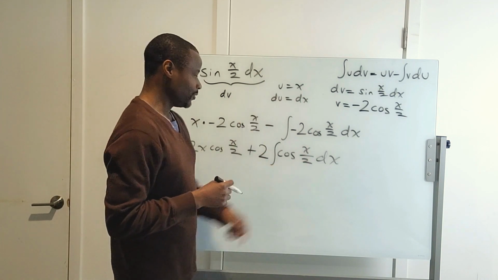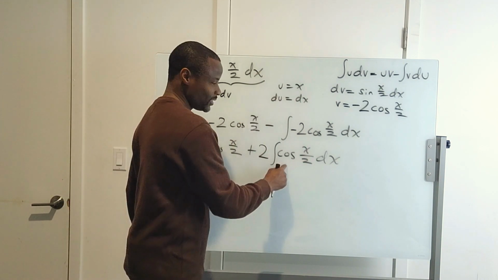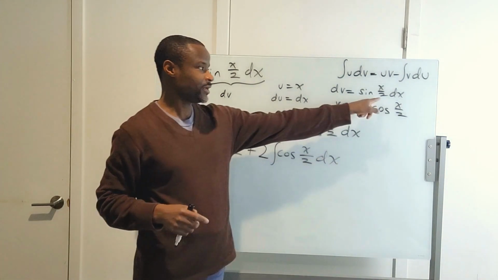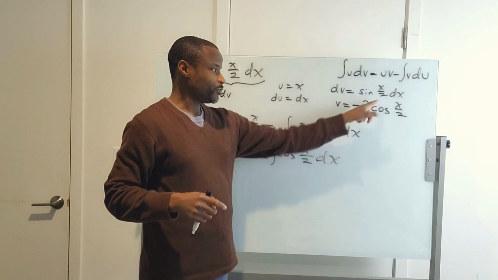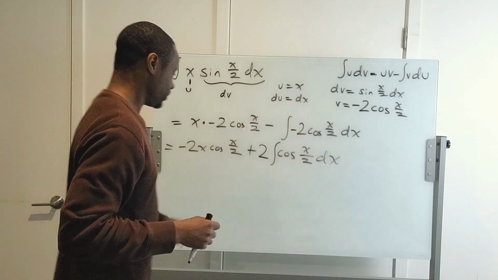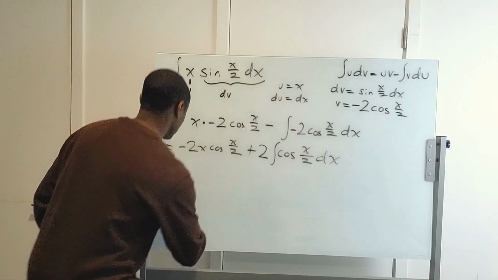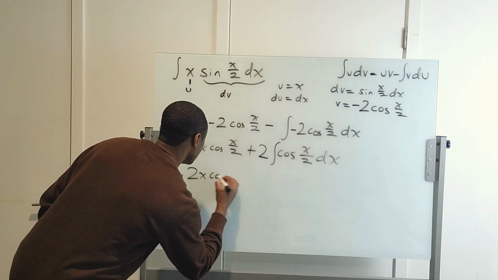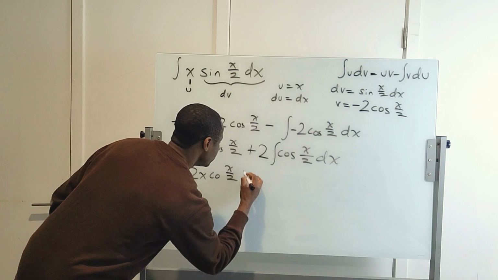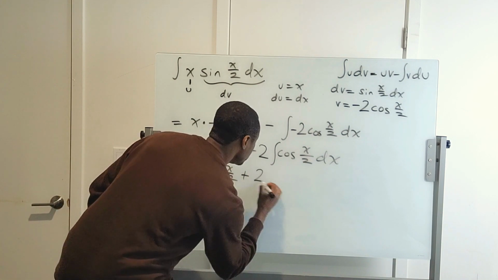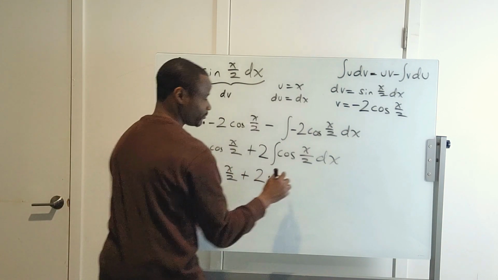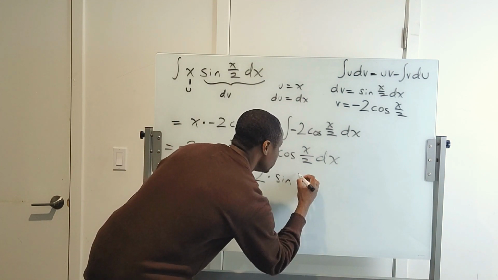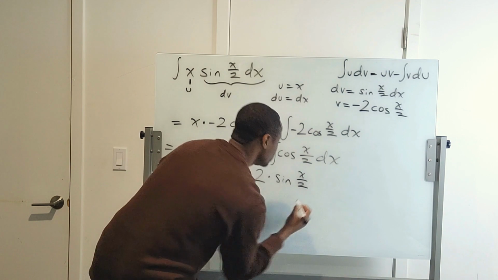So now, how do we integrate this? Well, the integral of cosine is sine. But we just have to keep this in mind. Just like we had here, we had the 2 because of this half. We're simply going to have the same thing over again. So, negative 2x cosine x over 2 plus 2 times the integral of cosine, which is sine, of x over 2.